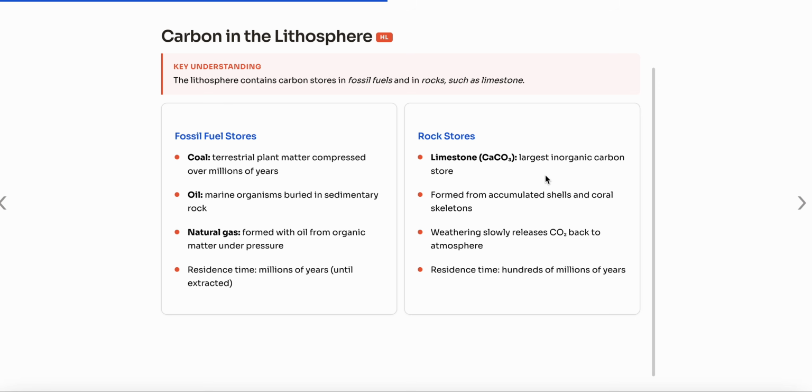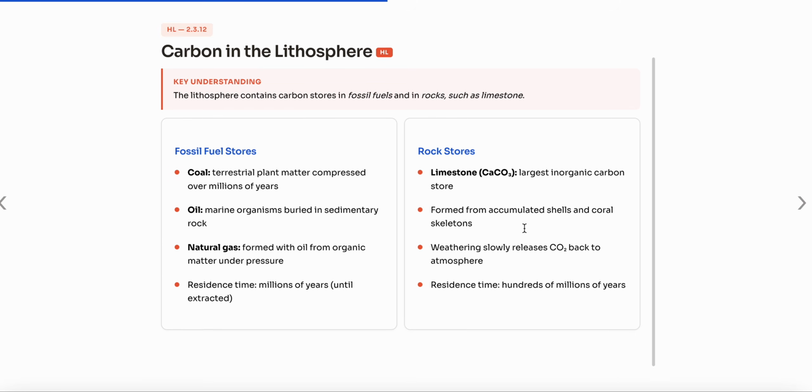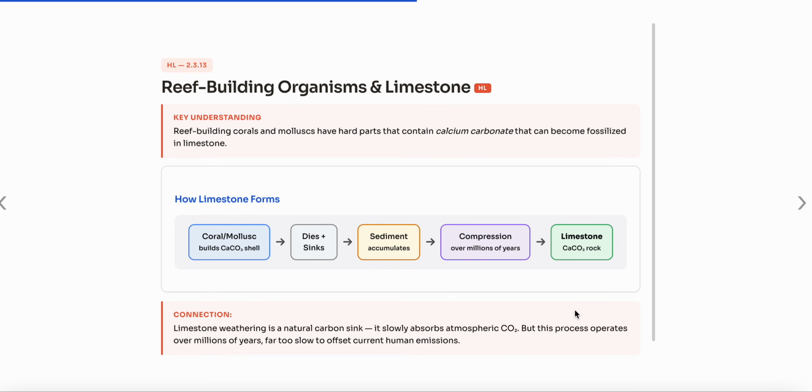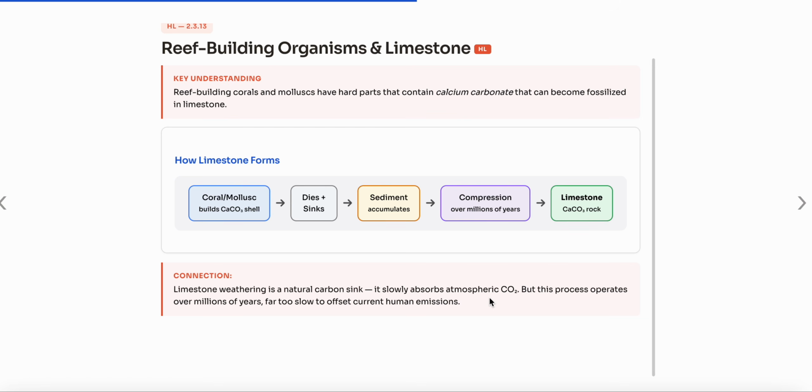Limestone, again, is the largest inorganic carbon store, formed from accumulated shells and coral skeletons. Weathering slowly releases carbon dioxide back to the atmosphere, and residence time is hundreds of millions of years. Reef-building corals and molluscs have hard parts that contain calcium carbonate that can become fossilized into limestone.